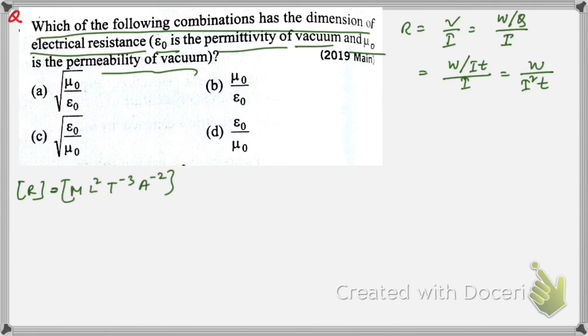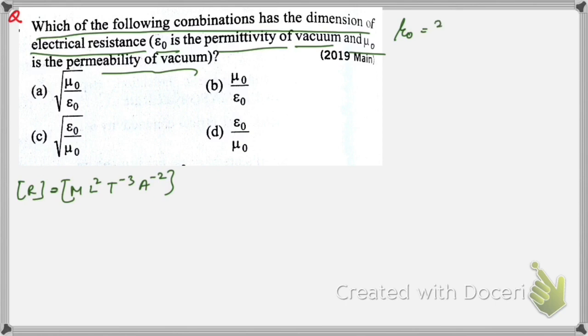So now here you see, remember that mu naught, this permeability of vacuum, is given by this formula: 2 pi into force into distance divided by current into length.